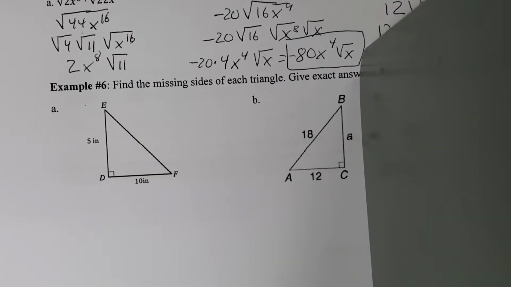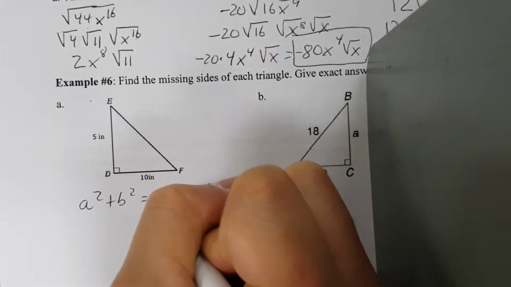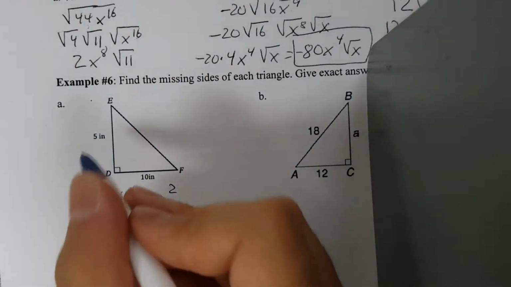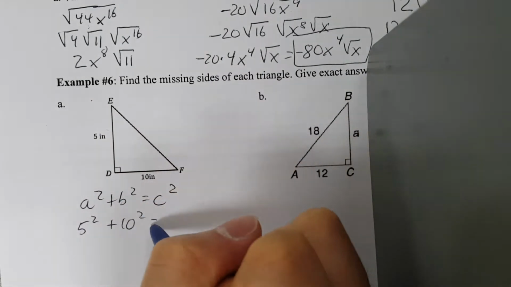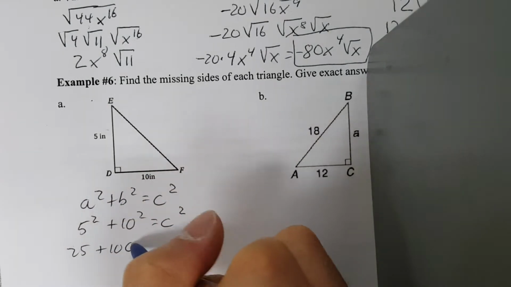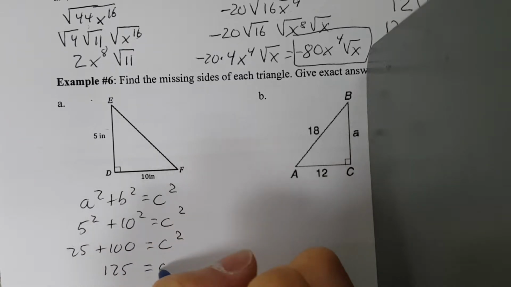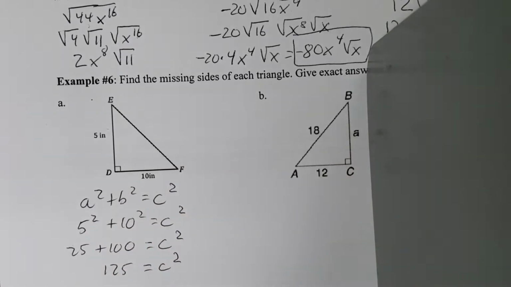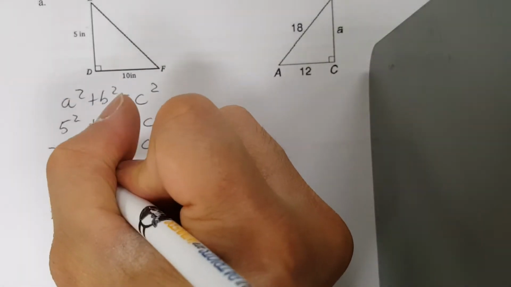So look at part A, and I have a squared plus b squared is equal to c squared. Right? The legs go here. And this becomes 25 plus 100 is equal to c squared. 125 is equal to c squared. Now, I'm going to square root both sides to get rid of the square.